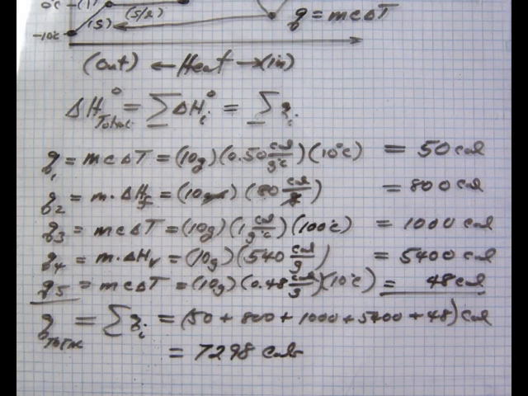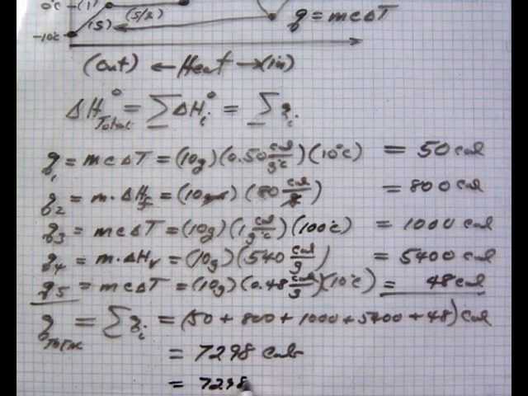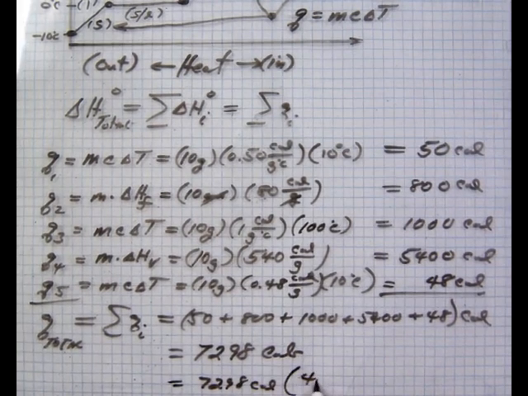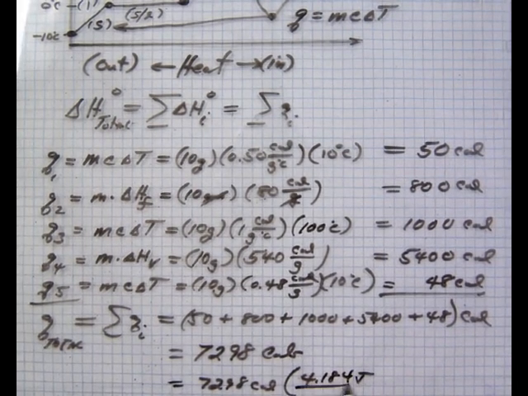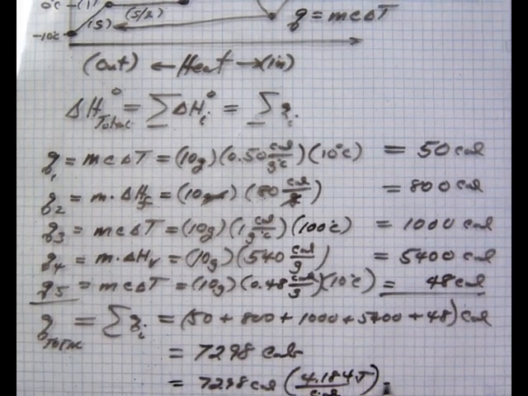Some problems may ask you to convert it to joules, and I give you calories like I just did. All you do is 7,298 calories times 4.184 joules per calorie, and you can make that conversion.